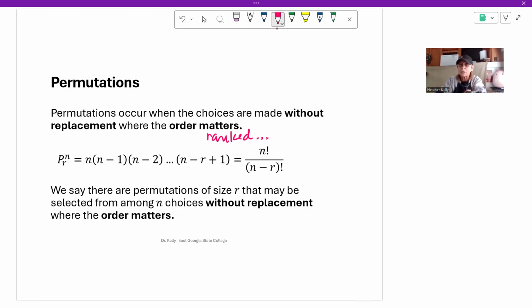Now, this notation looks really crazy. And the first thing I want to also point out to you is this notation here. This is a capital P with an N in the exponent and an R in what's kind of considered an index position or a subscript. So this guy is a superscript and this guy's a subscript. Now I'm going to write it like this.